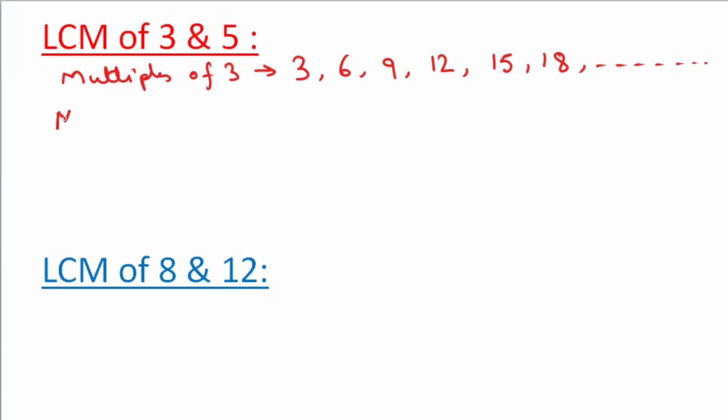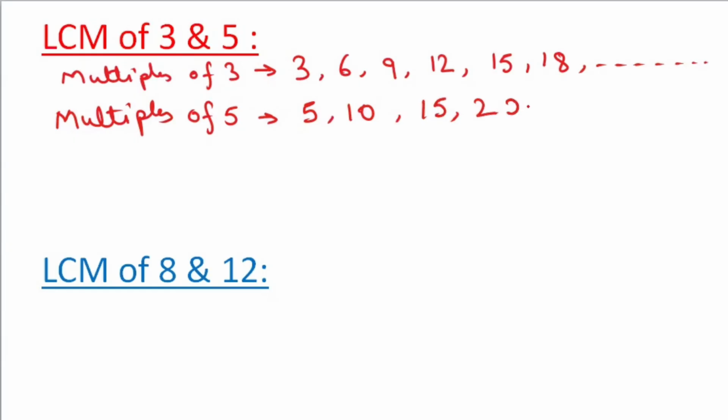Now after that, what do we have to do? We have to find the multiples of 5. What are the multiples of 5? 5, 10, 15, 20, 25, and so on. Now, what do we have to do? We have to look for the common numbers between both lists of multiples.